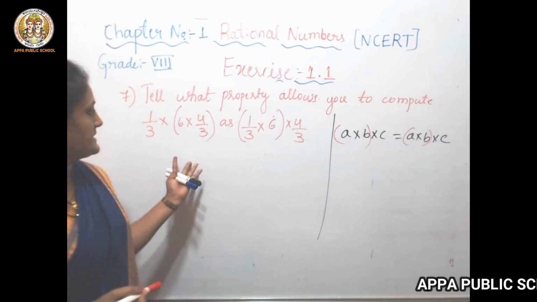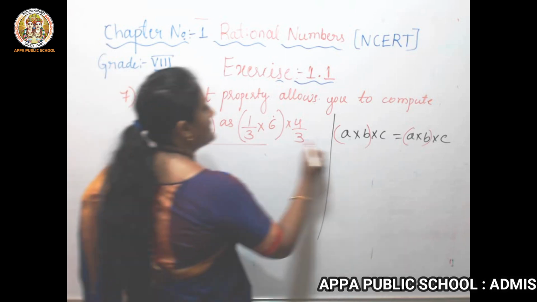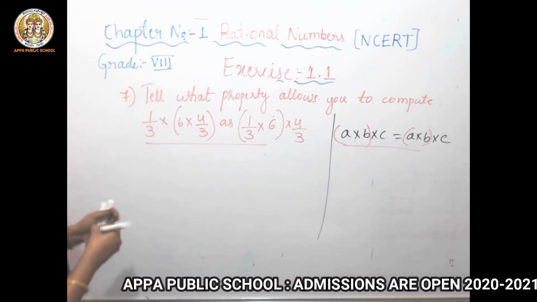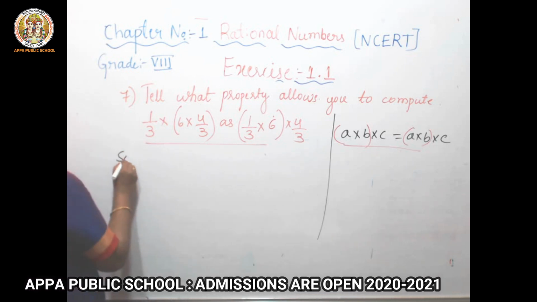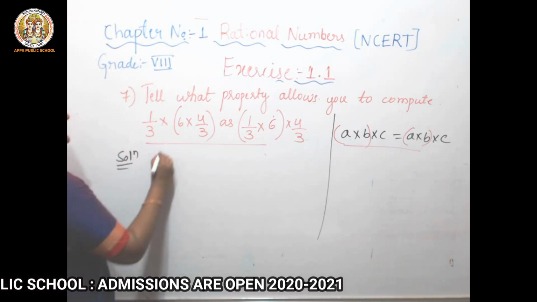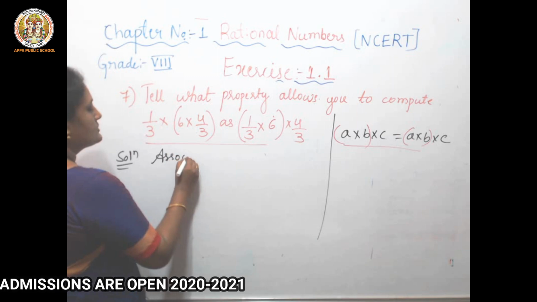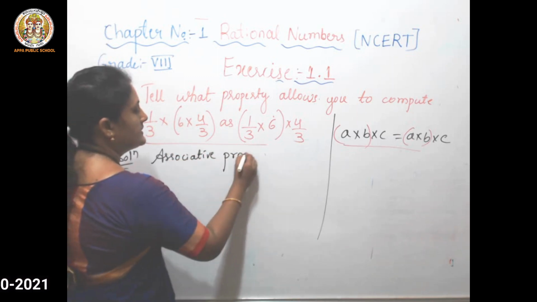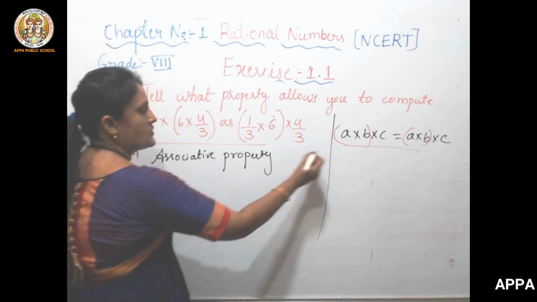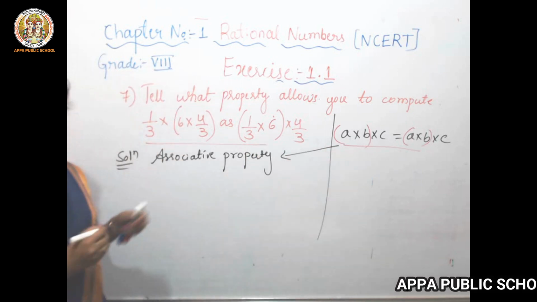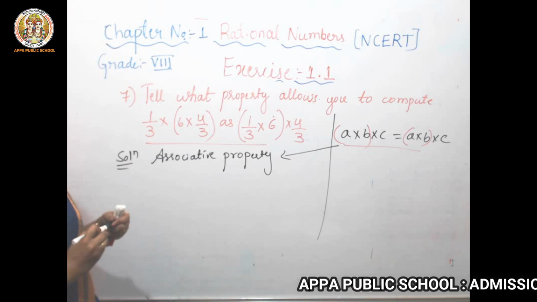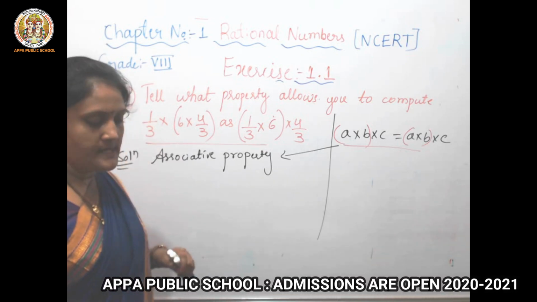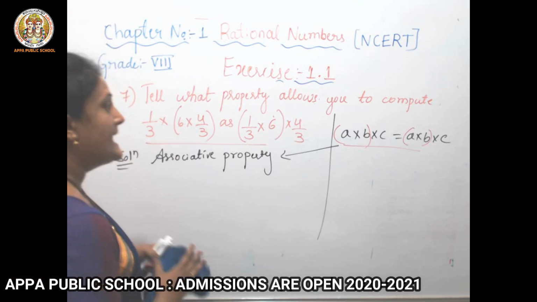This one is similar to this one, so this is our associative property. This is question number 7. So we'll go for the next question.